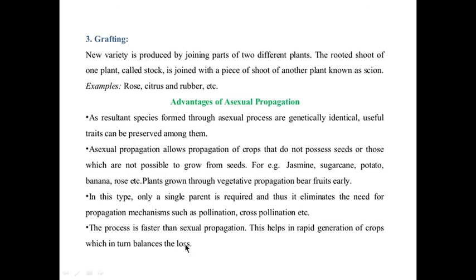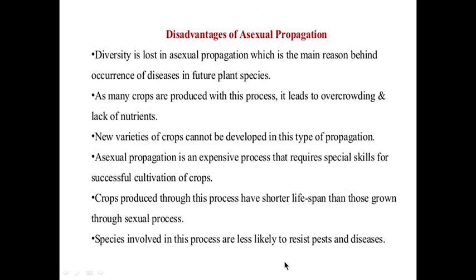Only when favorable conditions form will they start growing, and due to this it delays the process of propagation. So asexual propagation is always faster than sexual propagation. All these are the advantages of asexual propagation.